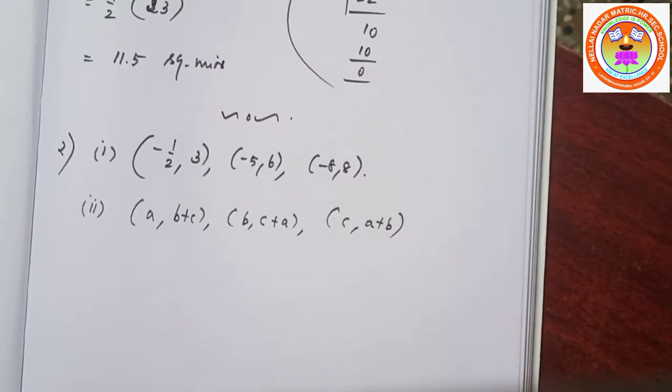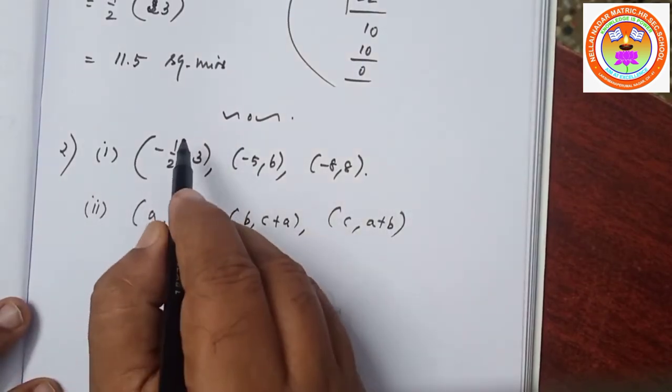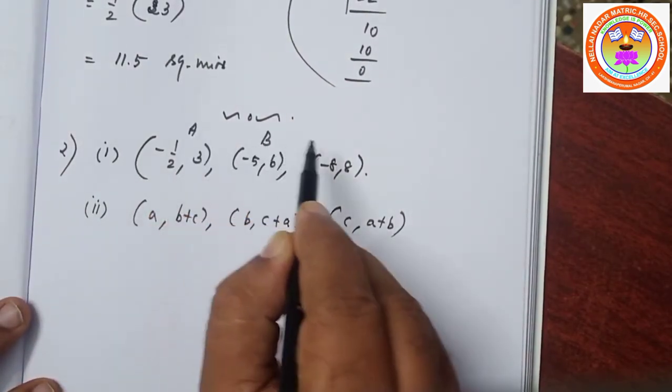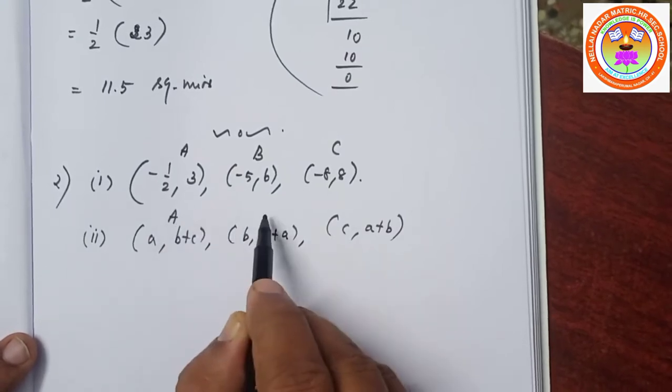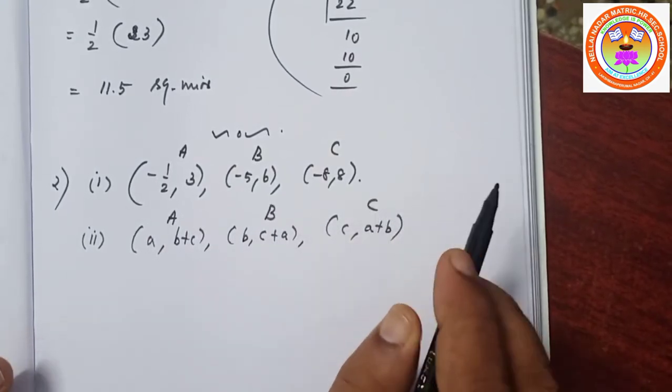We have to determine whether the points are collinear. What do you mean by collinear? I consider them as capital A, B and C.